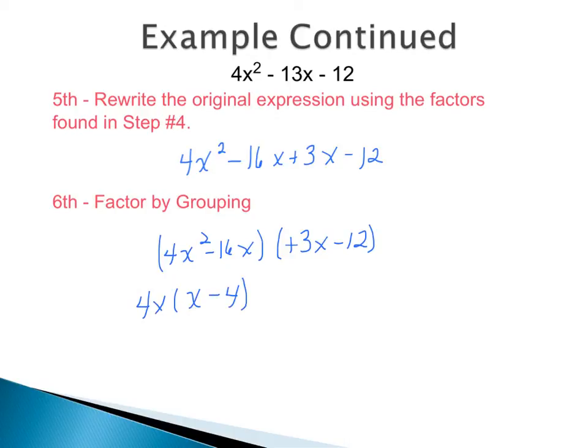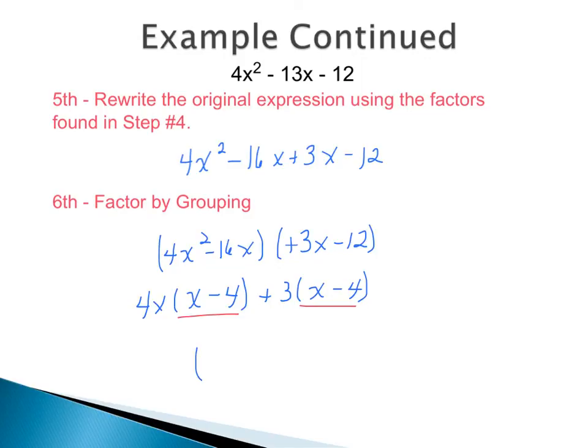The GCF of our positive 3x minus 12 would be a positive 3. So again, we're left with x minus 4. If we're correct, we can see that we have the same factors inside the parentheses, the x minus 4. So again, using greatest common factor, the GCF of our entire expression would be x minus 4.